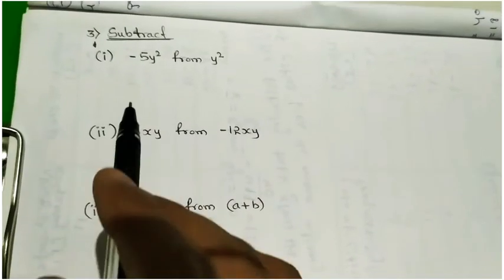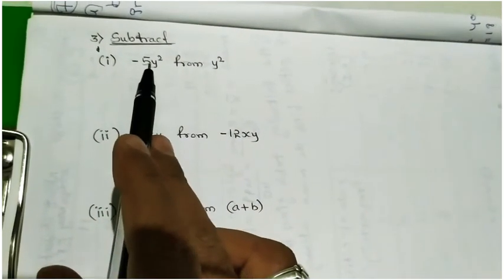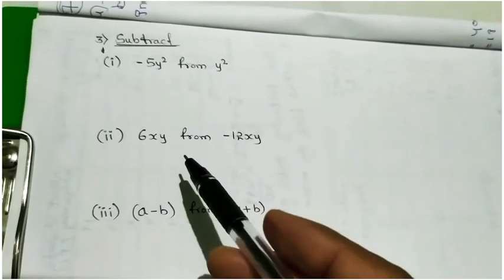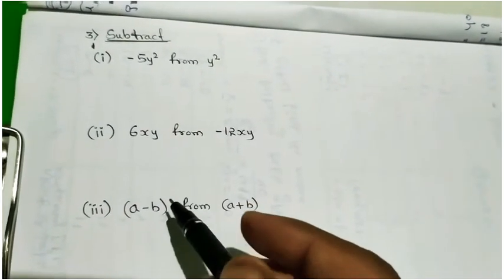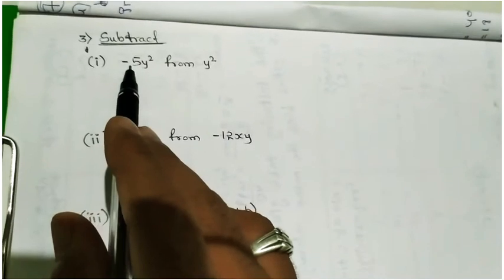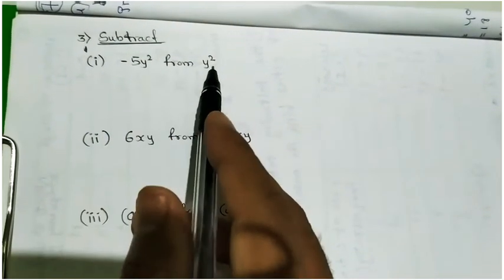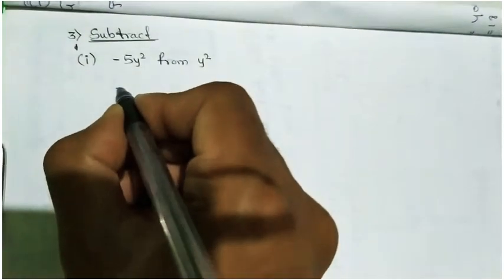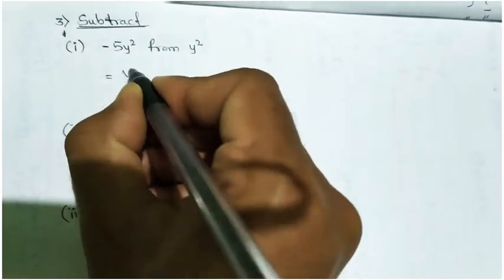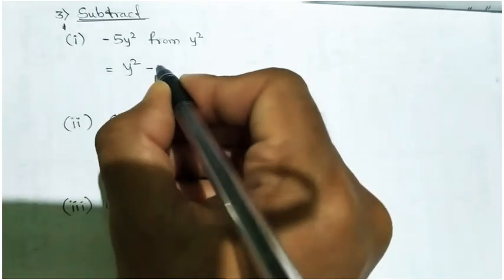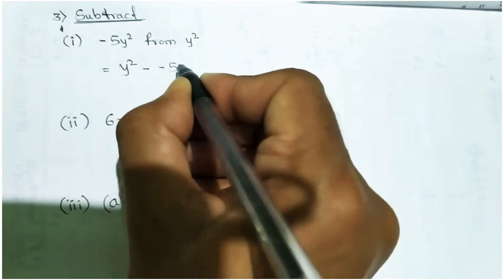Now the third main, totally about subtraction. Out of 8, I will solve 4 here and 4 for your practice. First one: minus 5y square from y square. First you write the from, that is y square, minus of minus 5y square.